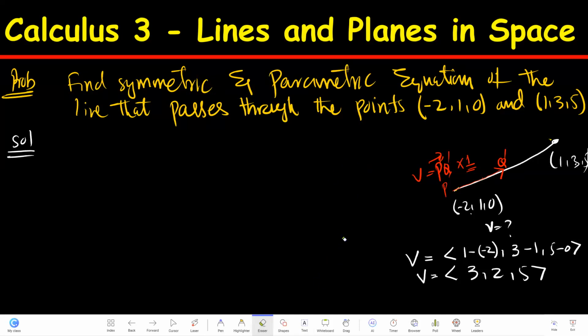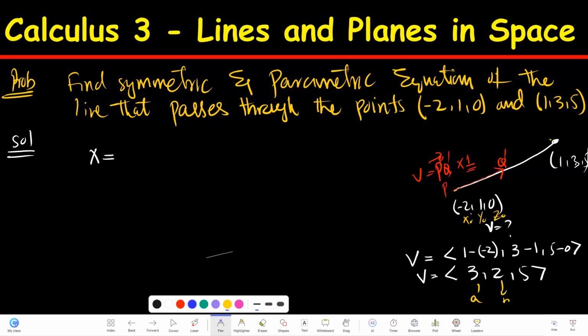We can start our process since we already know all these things. We can jump in and say x equals x naught plus at. I can pick any point, this is my x naught, y naught, and that is my a, b, c.